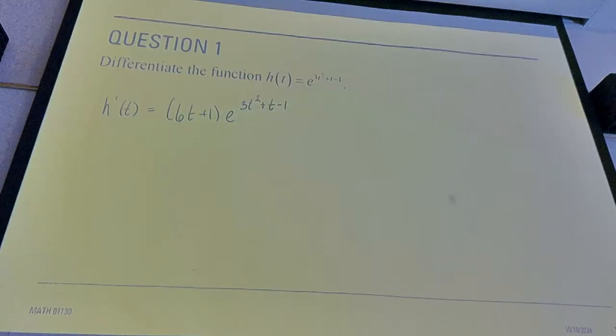This leads to the general rule. Derivative with respect to x of e to the u is u prime times e to the u.